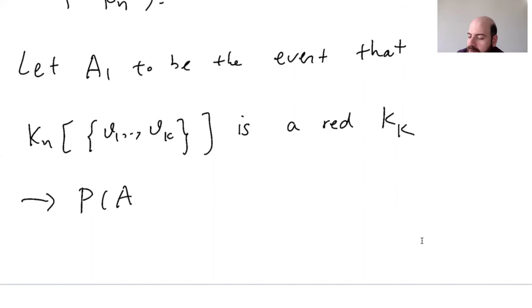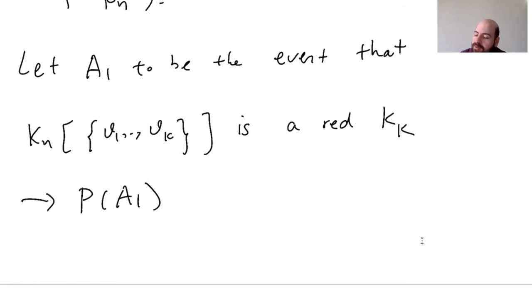Probability of A1. Remember we have n vertices and it's Kn, so we have n choose 2 edges. Now we want everything between the first K vertices to be red.